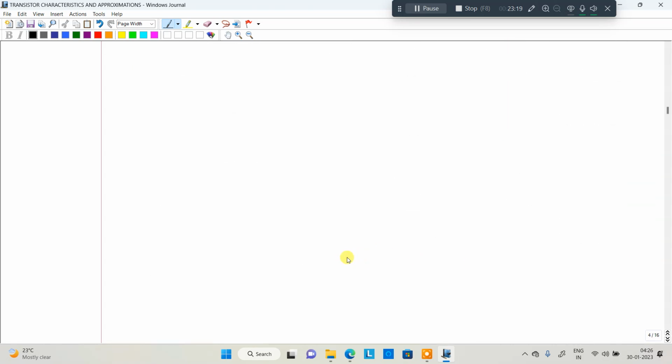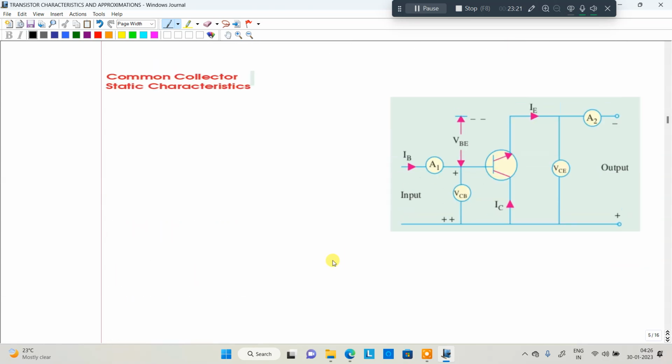Coming to the common collector static characteristics, I will discuss them quickly, because the characteristics that appeared in the common emitter are the same here too. That's why it is not required to explain everything.